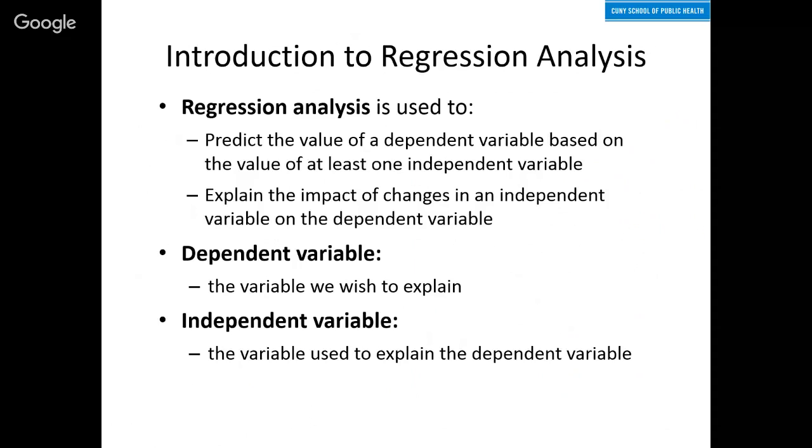One is for predictions, to make predictions of your response variable or your dependent variable based on the value of your predictor variables. So that falls under the general area of what we call prediction. And the second one, to explain the impact of changes in an independent variable on the dependent variable. This falls under the category of what we call inference.